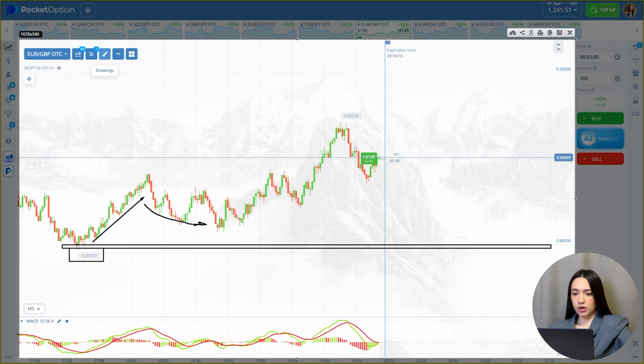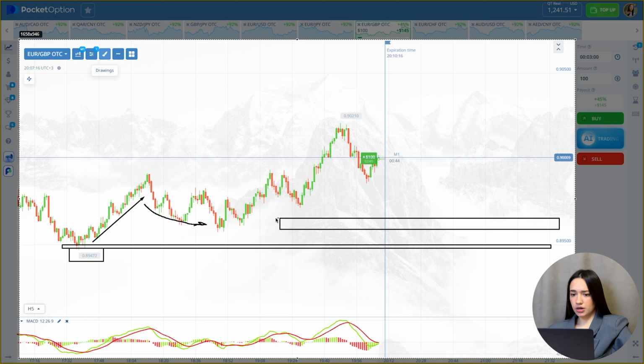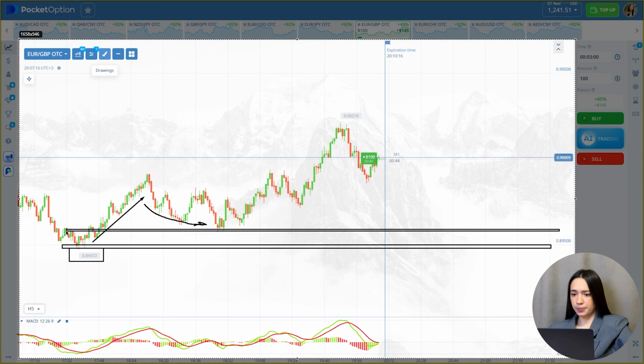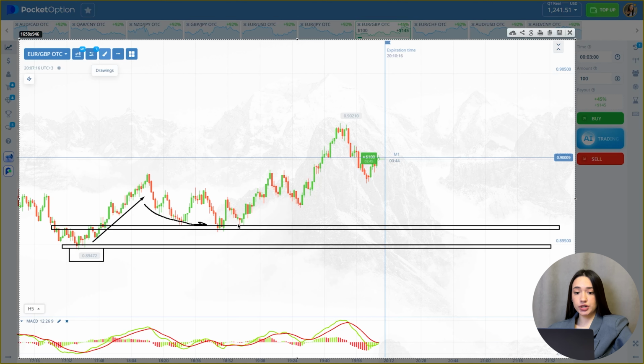And there were quite a few touch points here, and we're specifically interested in the second level. So let's draw a trend line, and as you can see, the price has already reacted to it several times, and I'm almost certain that this time will be no exception.